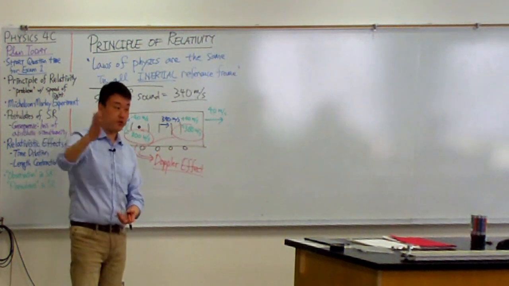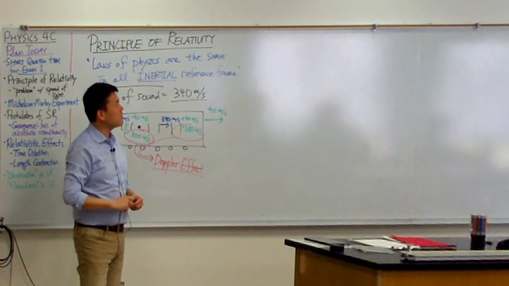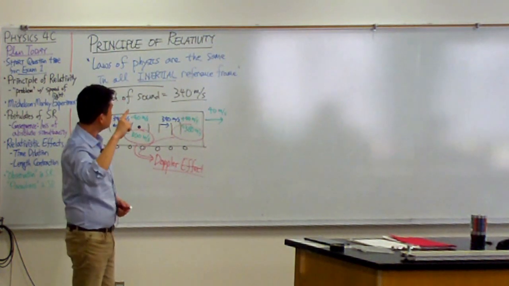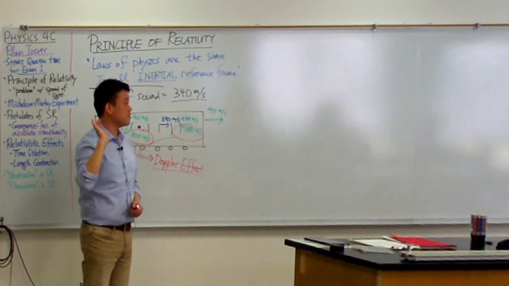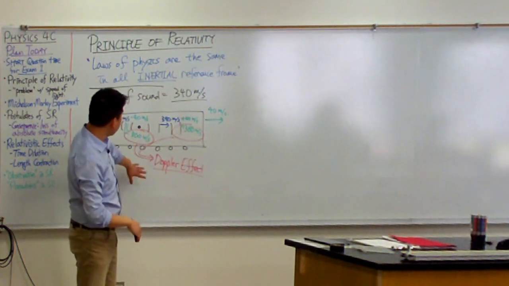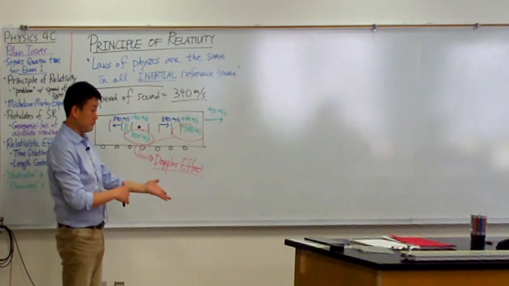As it's coming towards you, the sound, I guess, is at a higher pitch. Wait, is that right? Yeah, higher pitch, and as it's moving away from you, it's at a lower pitch, and it's tied to how the speed of sound changes as the source is moving.